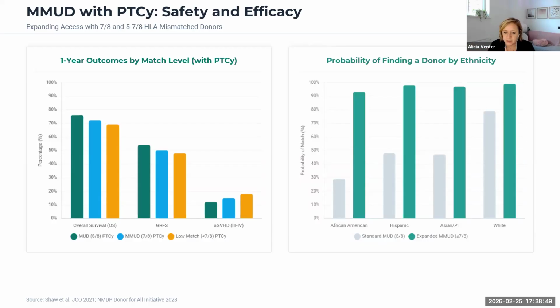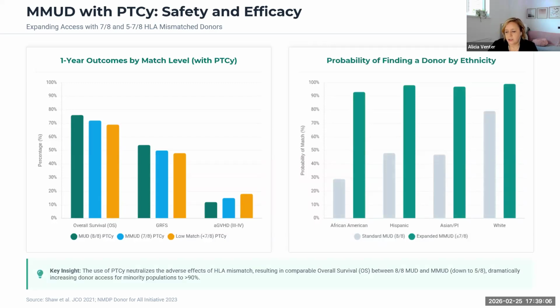So maybe it is time to start taking that risk of the 1 or 2 mismatches to transplant a patient that is underrepresented on the global database.